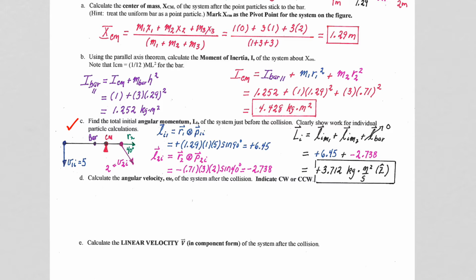Based on that, the initial angular momentum of the system is going to equal the final angular momentum of the system. We assign the initial angular momentum for the point particles, so the part of their momentum that's going to contribute to rotation after the collision from R1 is going to be the 6.45, because we're going to do R cross P1.